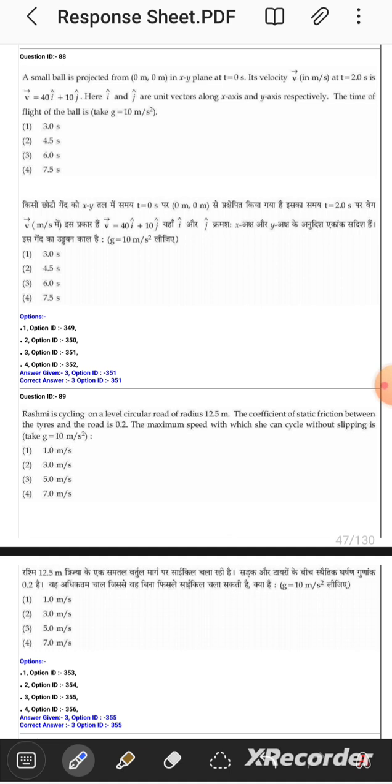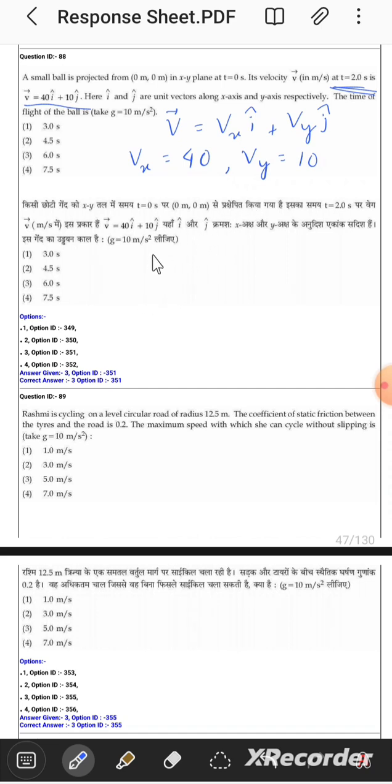At t equals 2 seconds its velocity is v vector equals 40 i cap plus 10 j cap. Writing the vector form, we all know vx i cap plus vy j cap. Here after 2 seconds the velocity becomes 40 along the x-axis and 10 along the y-axis.